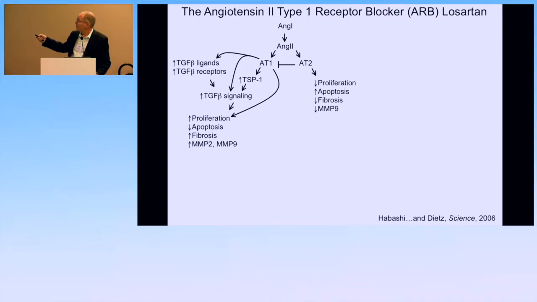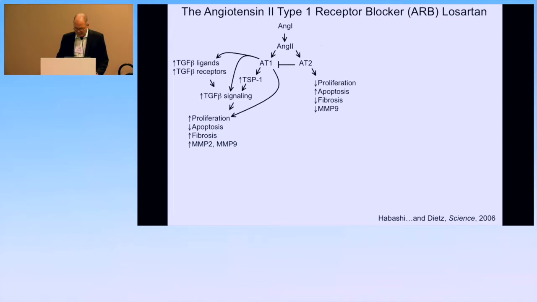Typically, angiotensin II signaling through its type 1 receptor called AT1 can drive production of TGF-beta ligands, receptor complexes, and activators of TGF-beta such as thrombospondin 1. In contrast, signaling through its type 2 receptor called AT2 is thought to block many of these AT1-mediated events.